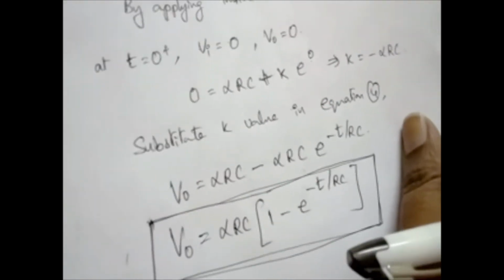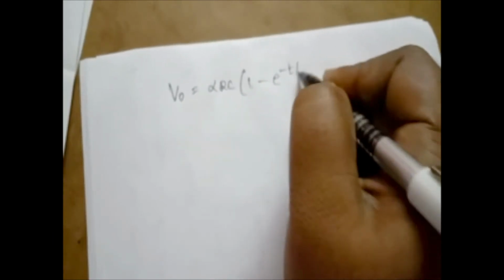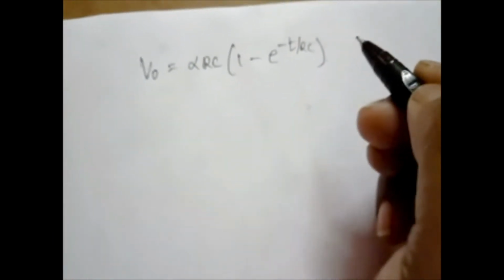From this we need to draw the output waveform. So let us start with the output waveform. Here we are getting V0 is equal to alpha RC into 1 minus e power minus t by RC.